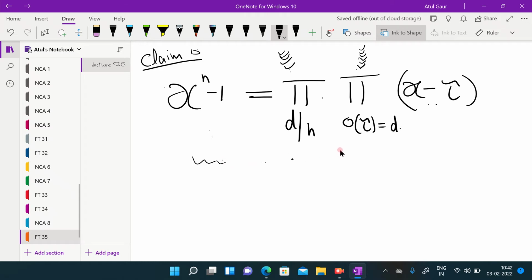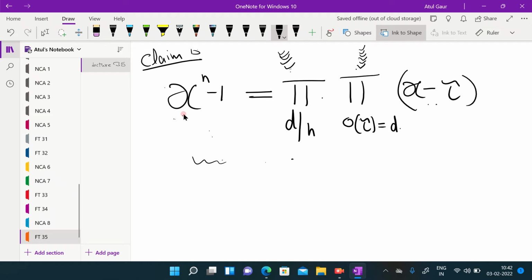So to see the equality, look here on the left hand side. So x^n minus 1, basically, factorize this. Every linear factor of this will be of the form x minus some rho, where rho is an nth root of unity.